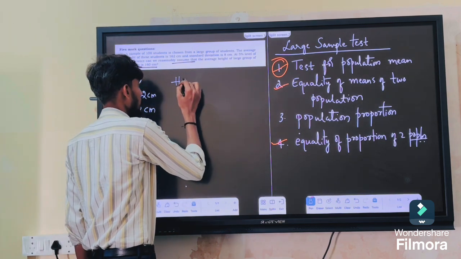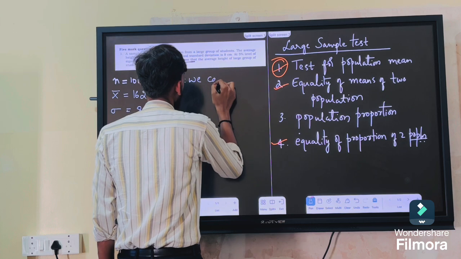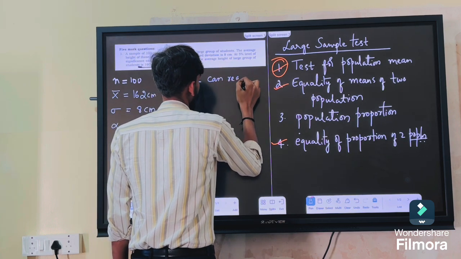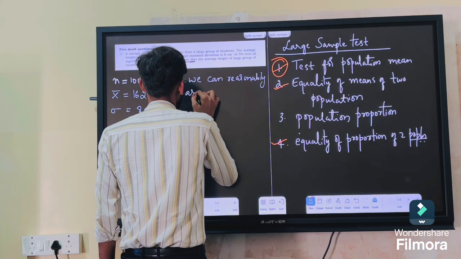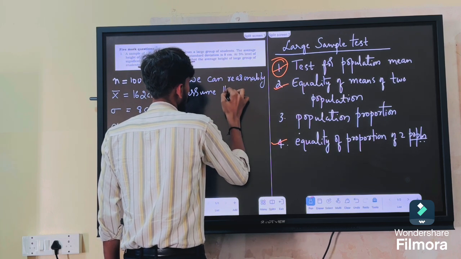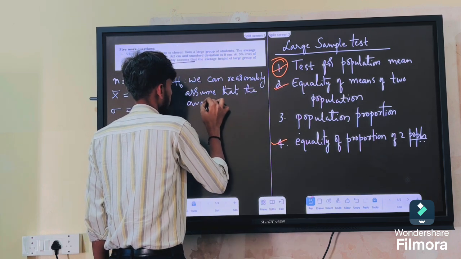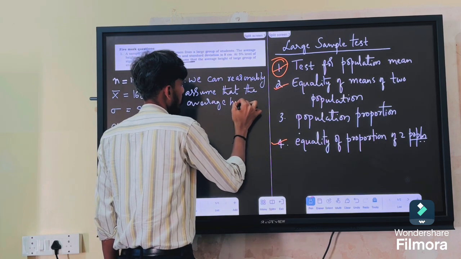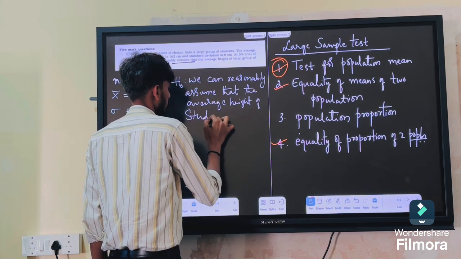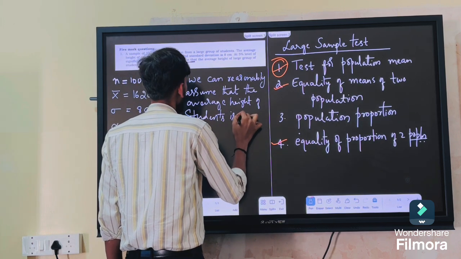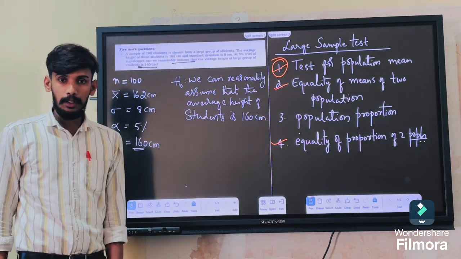H0 can be written as: we can reasonably assume that the average height of students is 160 centimeter. This is the H0.